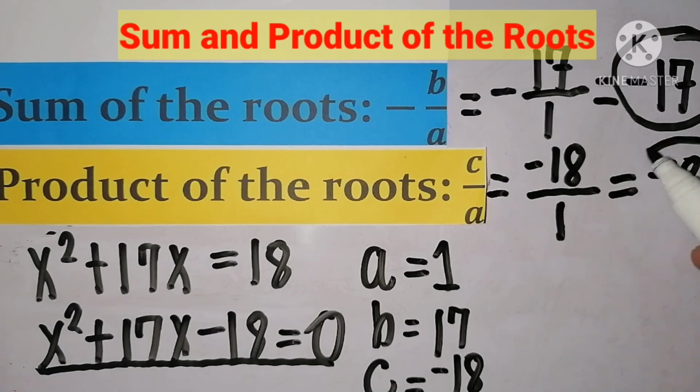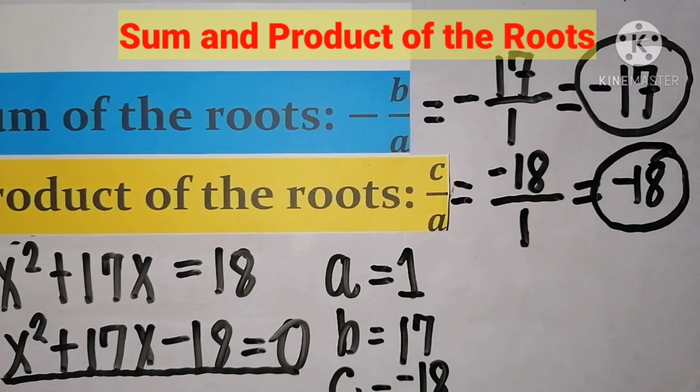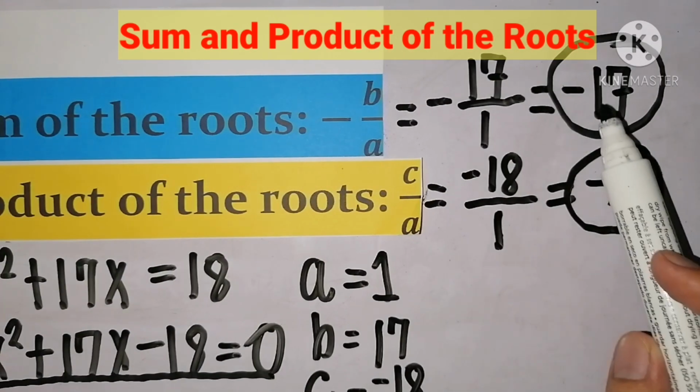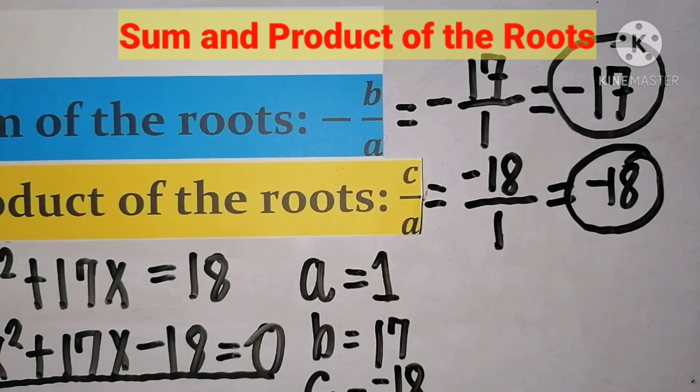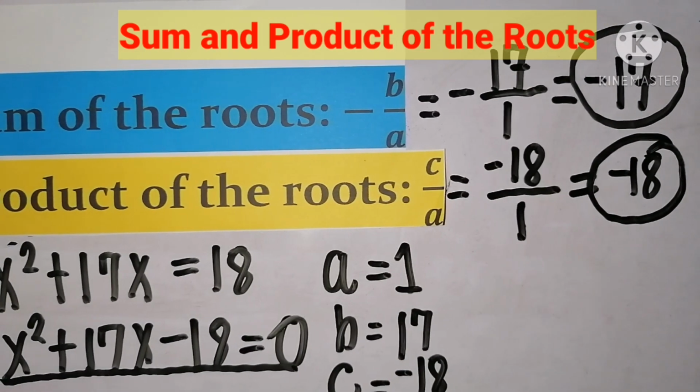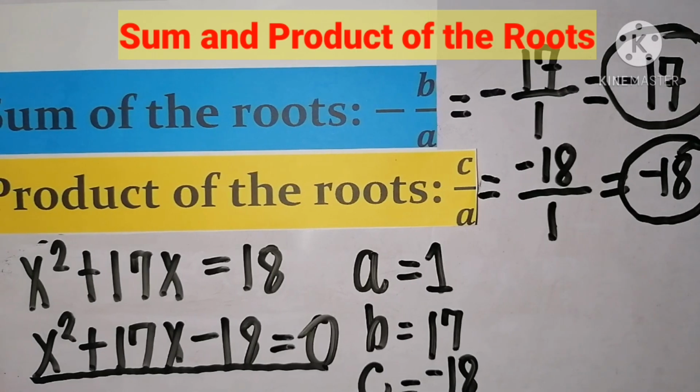So negative 18 is the product of the roots. Therefore, the sum of the roots is negative 17 and the product of the roots is equivalent to negative 18, given the quadratic equation x squared plus 17x equals 18.